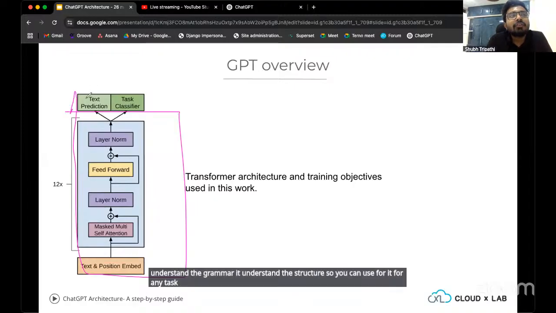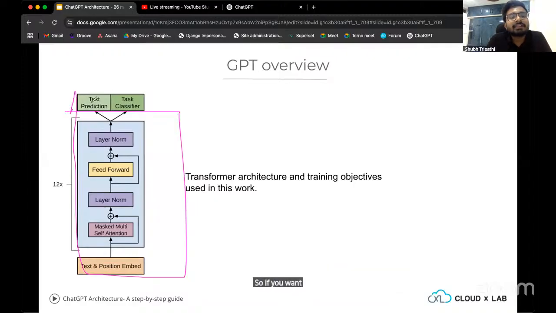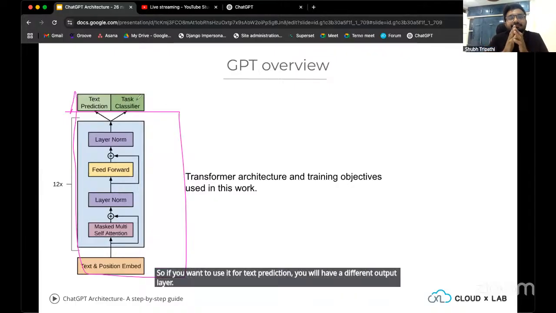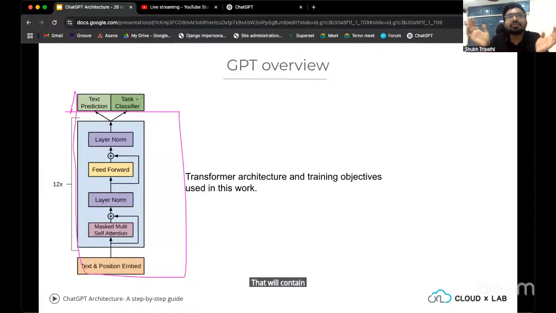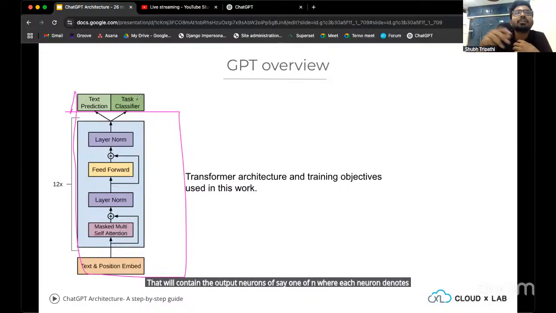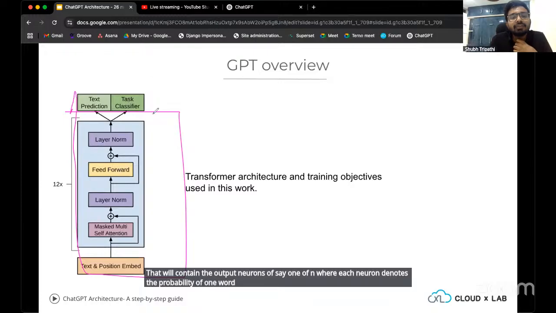If you want to use it for text prediction, you will have a different output layer that will contain the output neurons, say one to n, where each neuron denotes the probability of one word. If you are using it as a classifier, it will only have two neurons in the output, yes or no, in case it's a binary classifier. If it's a multi class classifier, it will be a different case.